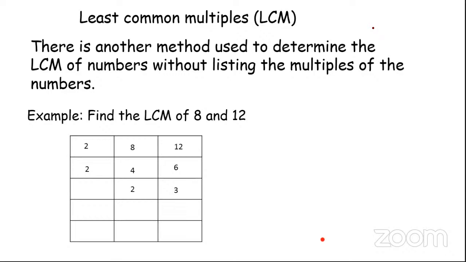Yes, so we are going to still divide by 2. That will give us 1. Is 3 divisible by 2? No. So we write it there, and now we can no longer divide by 2.